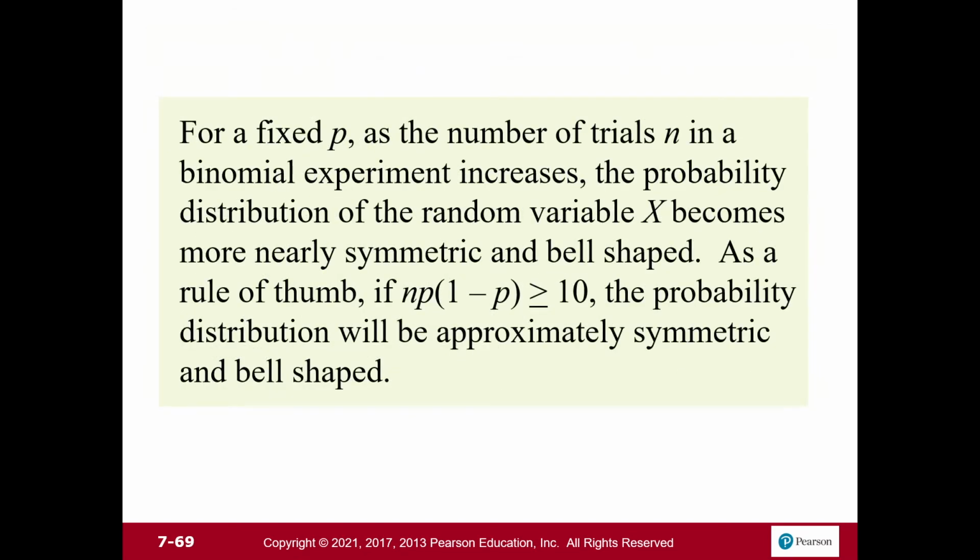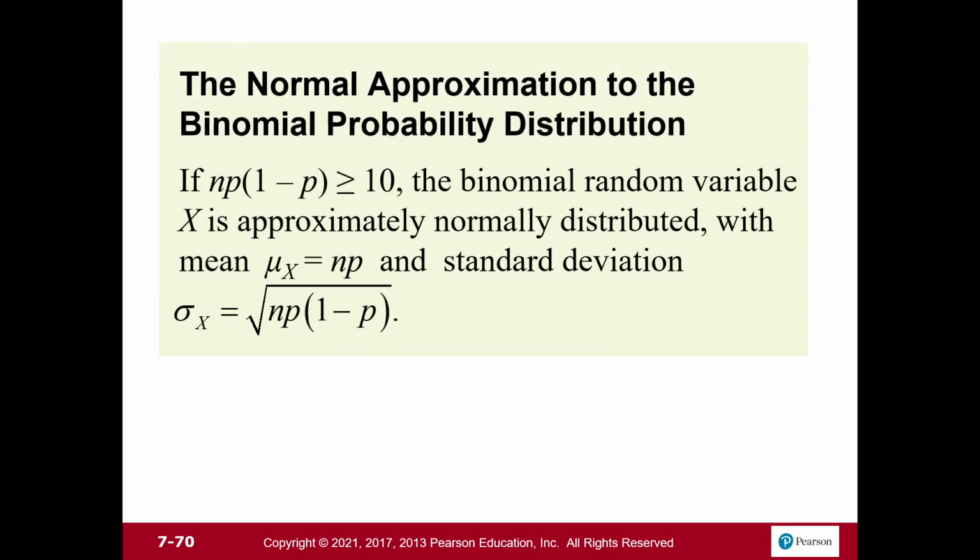And we also have here that for fixed p, as the number of trials in a binomial experiment increases, the probability distribution of the random variable x becomes more nearly symmetrical and bell-shaped. So as a rule of thumb, if n times p times 1 minus p is greater than or equal to 10, the probability distribution will be approximately symmetric and bell-shaped.